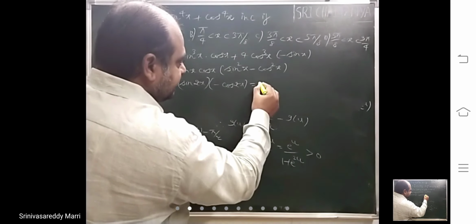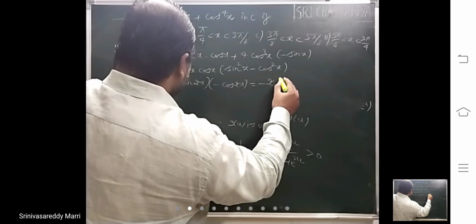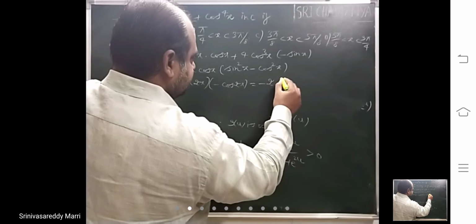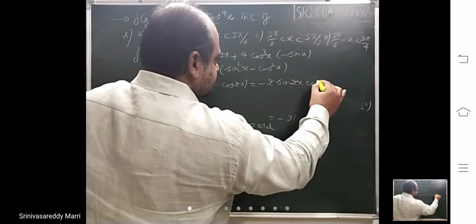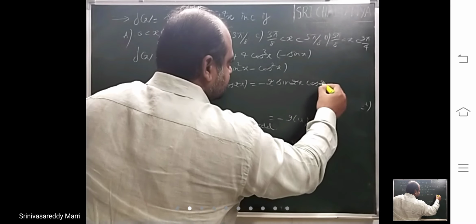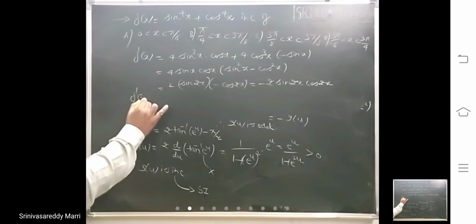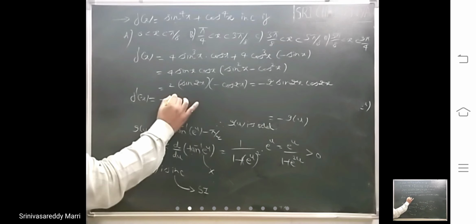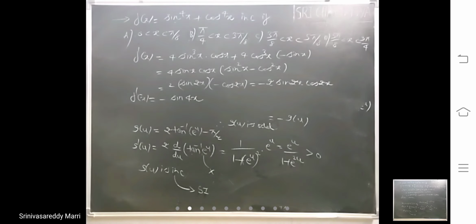So that means you will get minus 2 sin 2x cos 2x. That means the derivative you got is minus sin 4x.